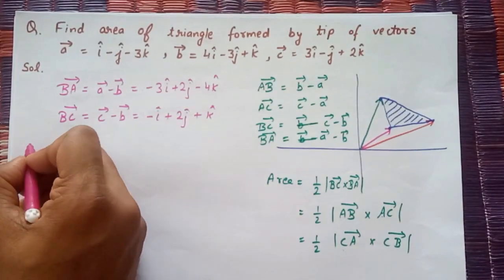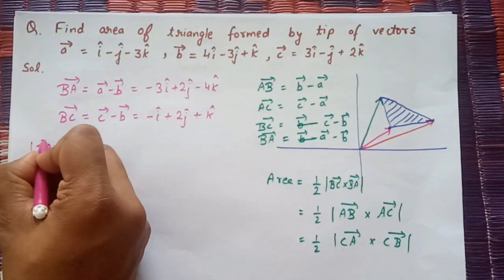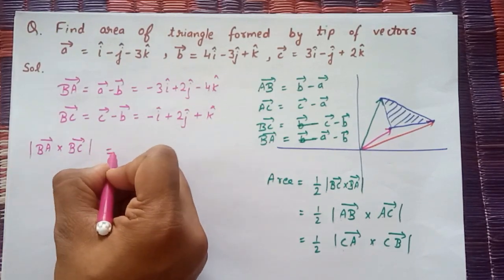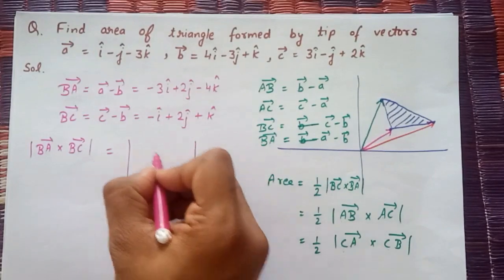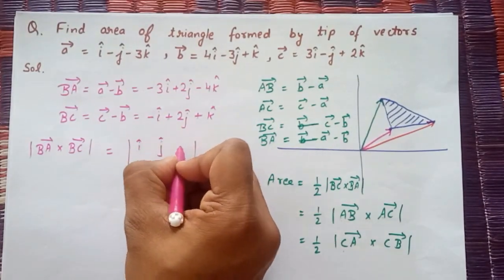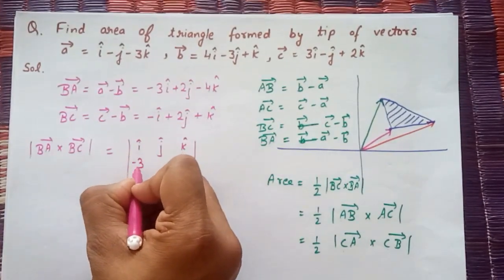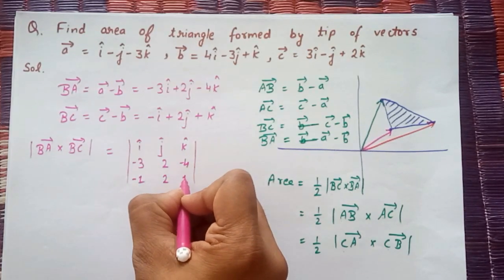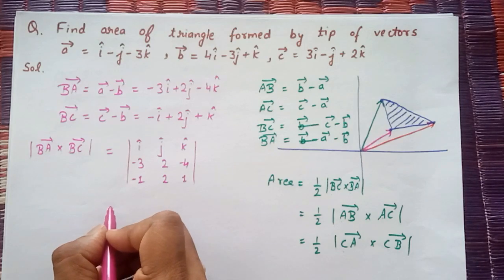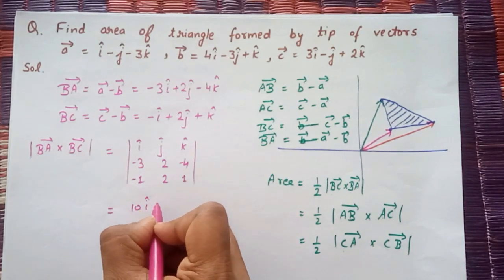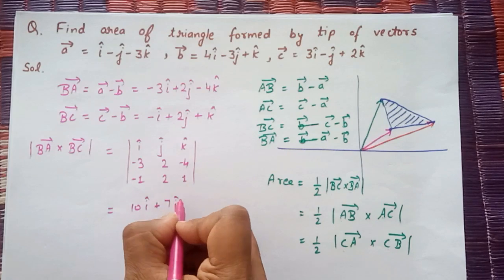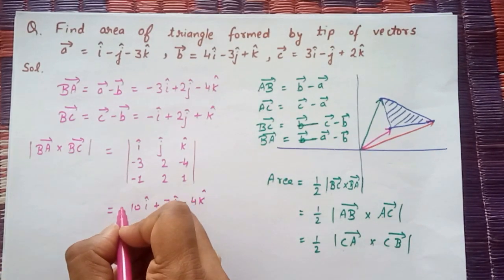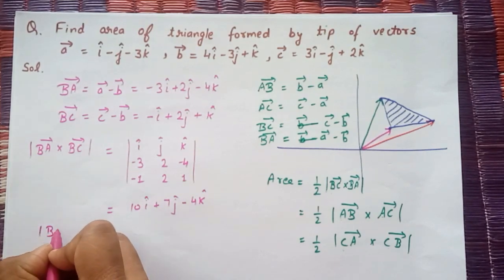Now I have to find the cross product BA cross BC and then its magnitude. So first of all, finding its cross product, i cap, j cap, k cap, minus 3, 2, minus 4 and minus 1, 2, 1, it will be equal to 10 i cap plus 7 j cap minus 4 k cap, and I have to find its magnitude.